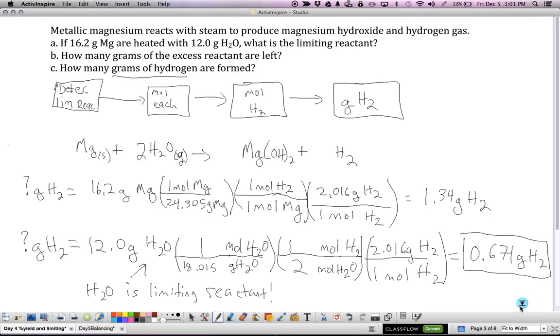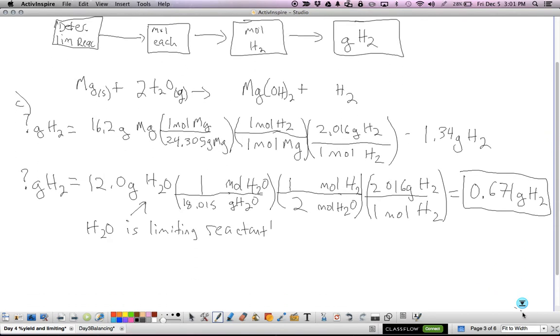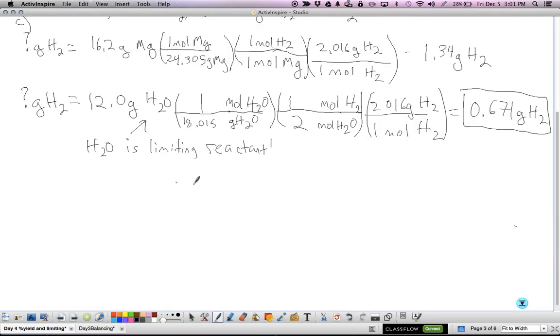Okay. And then, so that's C done, okay, because this was C, and also A done. So now I can do B. How many grams of the excess are left? Okay, so the excess reactant is the magnesium.